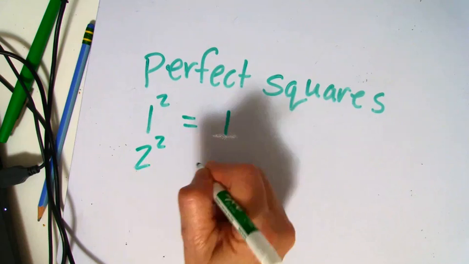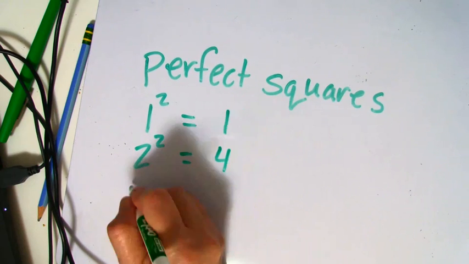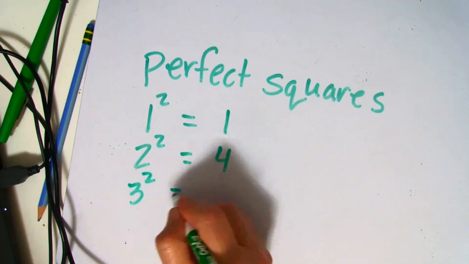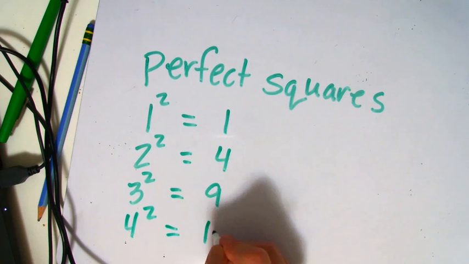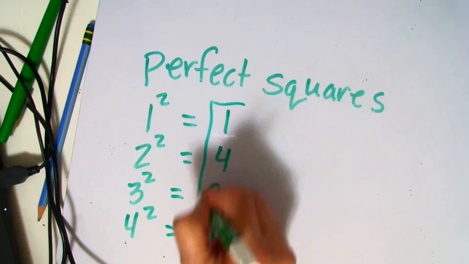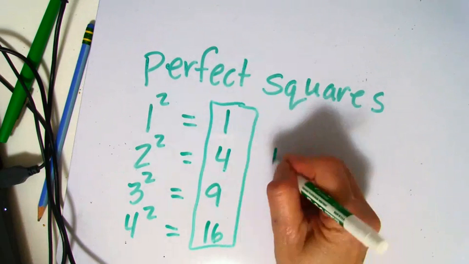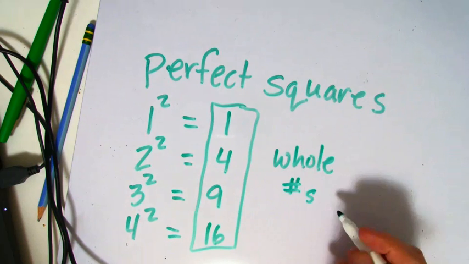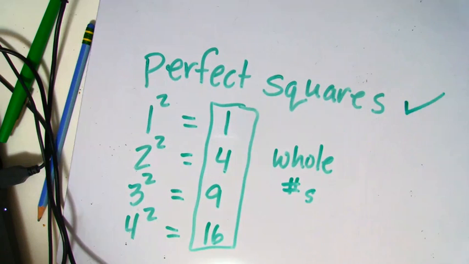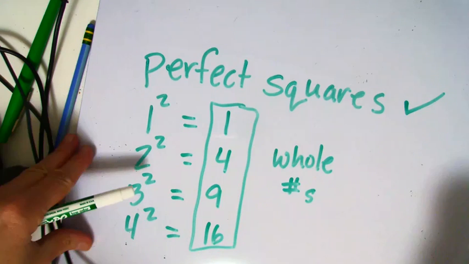If I square 2, I'm going to get 4. 3 squared is 9, and so on. These numbers here, the squares, are whole numbers, so they are perfect squares. There's a chart in the textbook with several other perfect squares you might want to look at.